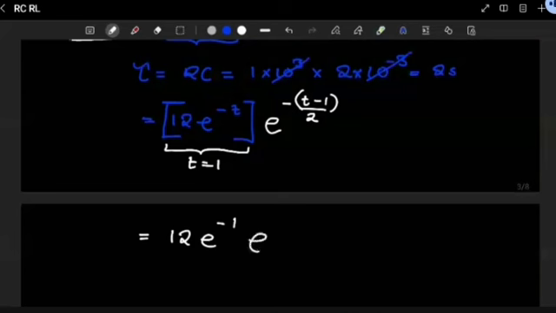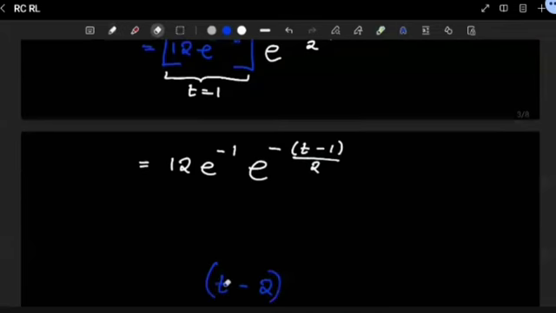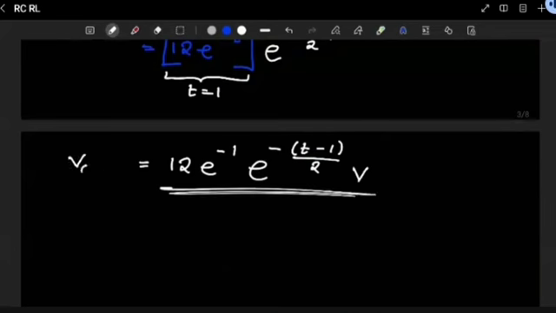Then e to the minus, this remains general because this is not just for 1. This is for any value of t greater than 1. Minus 1, over 2. So this becomes the general expression for our voltage VC(t).